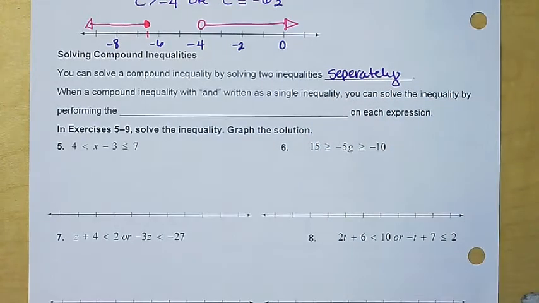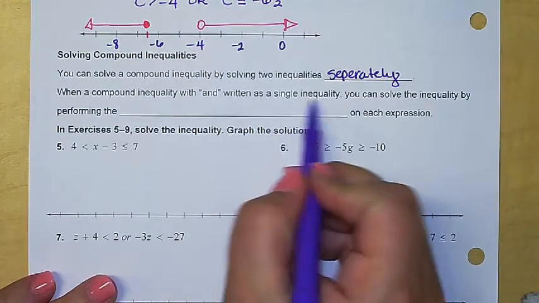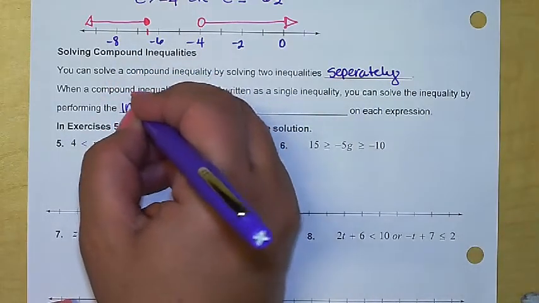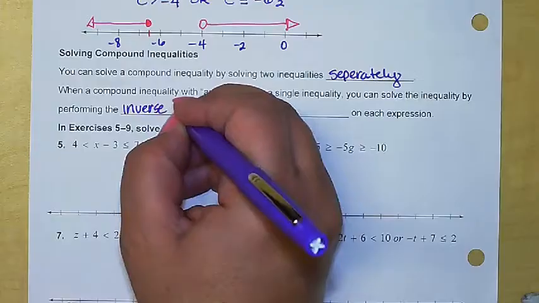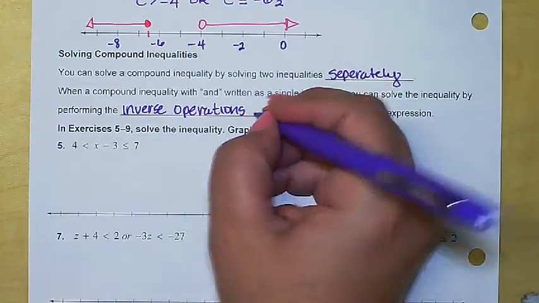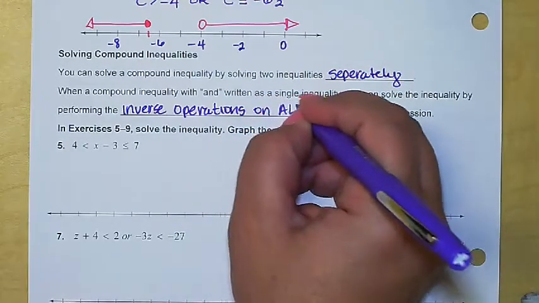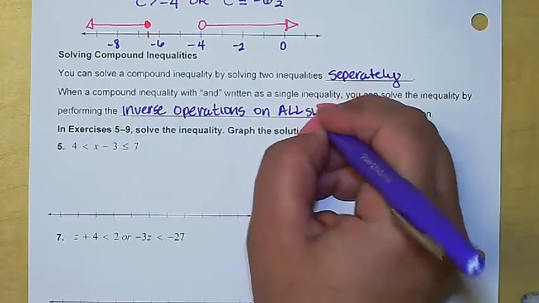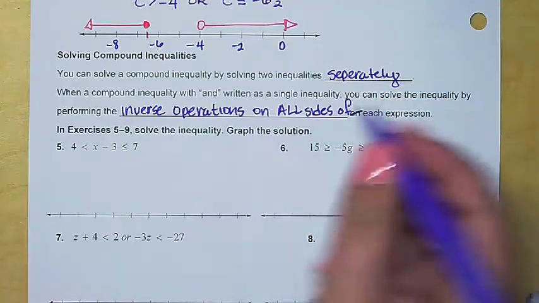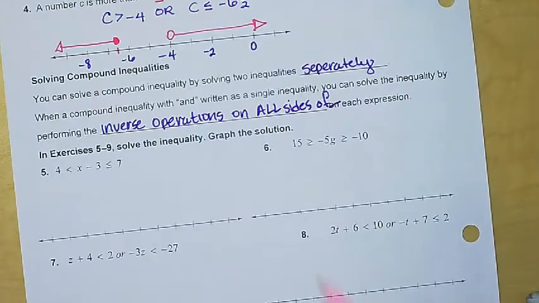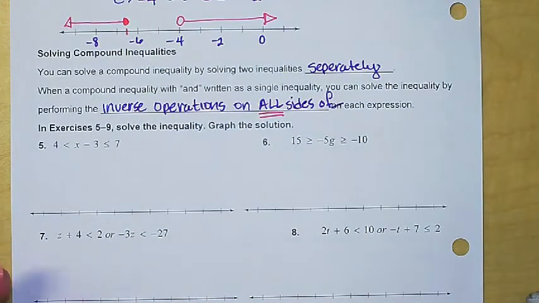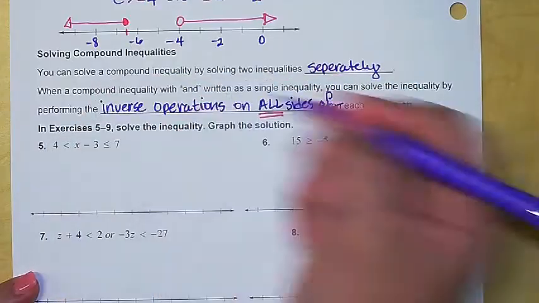When a compound inequality with the and statement is written as a single inequality, you can solve that inequality by performing those same inverse operations on all sides, and that's really the big difference here. So on all sides of the expression. Okay, but this is the key word right here. So this kind of looks funny the first time you try it, but then it's like, oh, I can kind of solve two equations at the same time, and that's what I'm going to show you next.